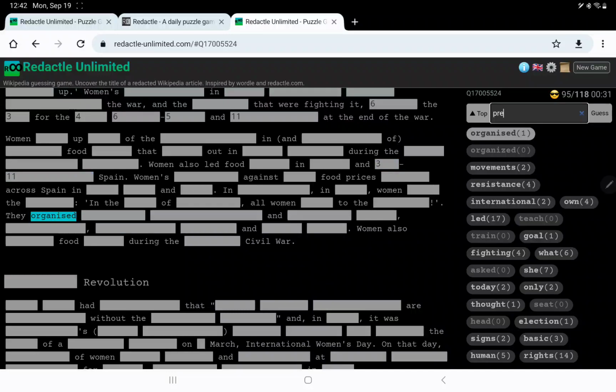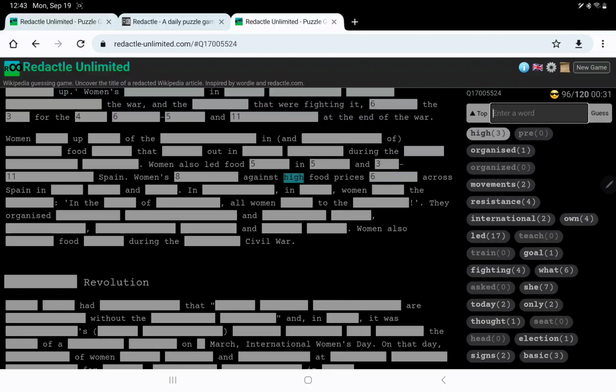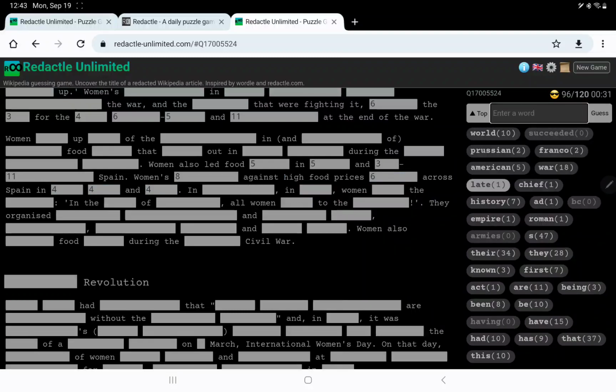And something. Women also had food. 5 in 5 and 3-11 Spain. High food prices in, maybe that's late something in some other year.